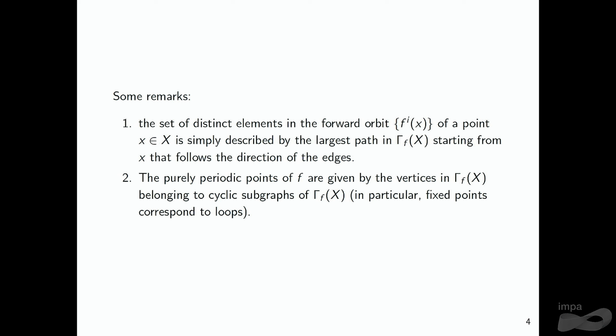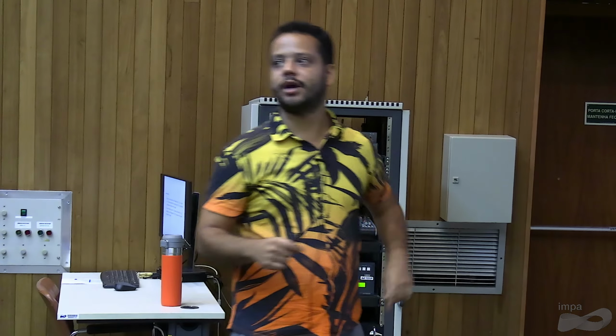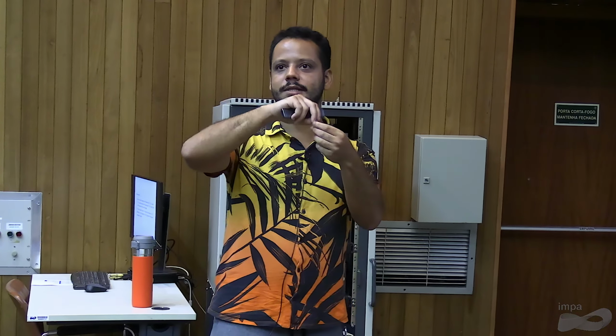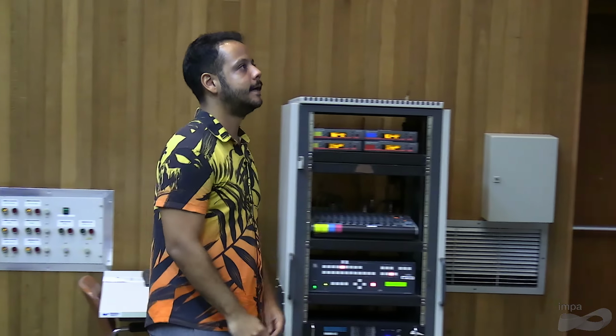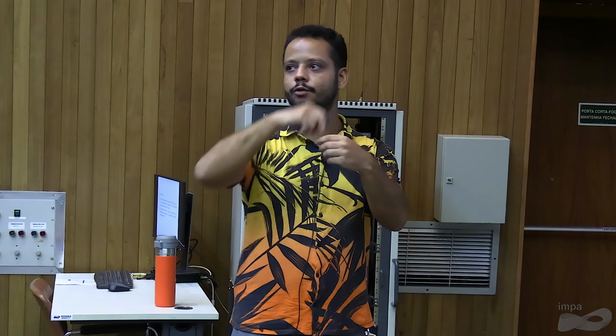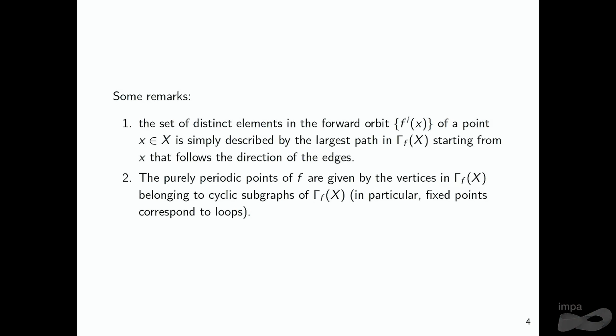Yes? If you have a fixed point you add a loop? Yeah, exactly. It's in this next comment, right? So purely periodic points, I mean just a point that after some iterations returns to the original input, right? So they are just described by what we call cycles in the graph. And in particular, fixed points would correspond to loops.